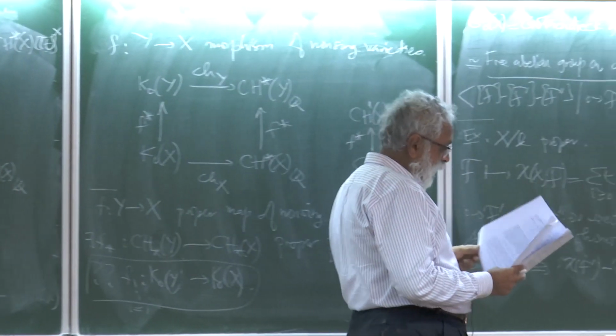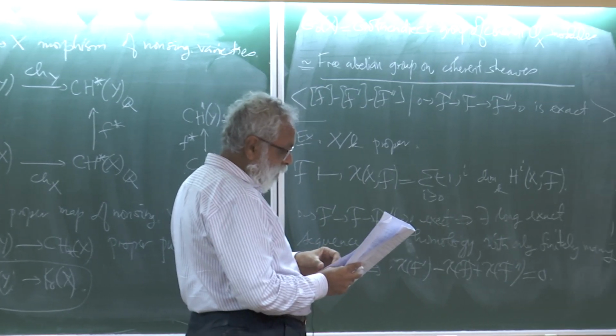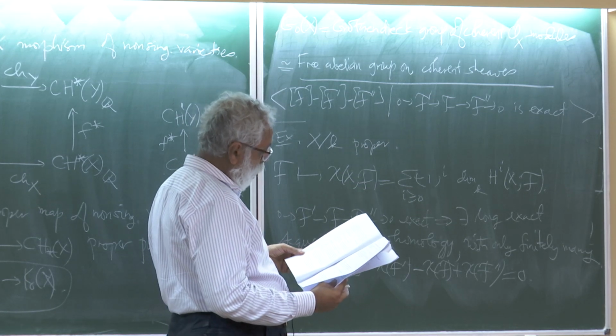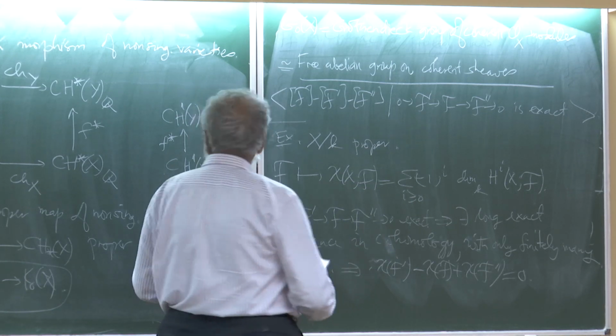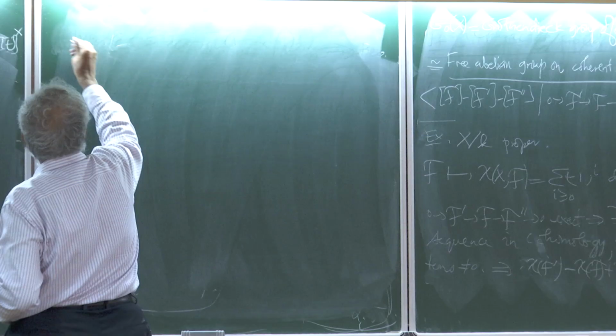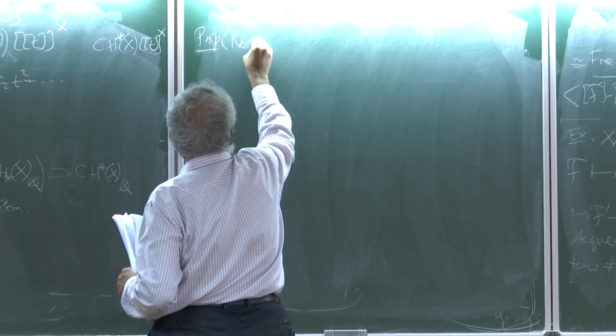No, I don't ask that yet. I want to construct a map on the K0 level is what I want to do. So let me just state something then, and then maybe stop. This is a key proposition. It's called the resolution property.